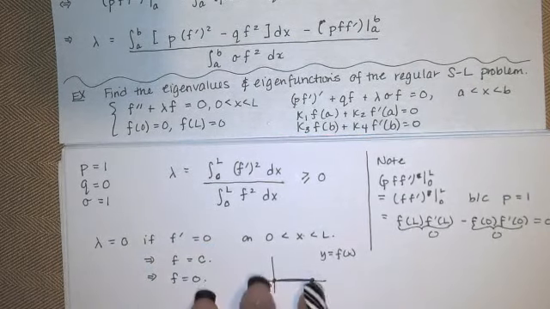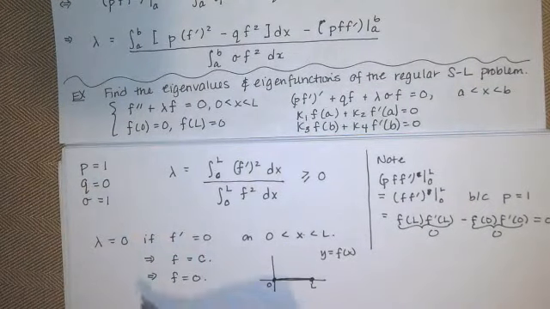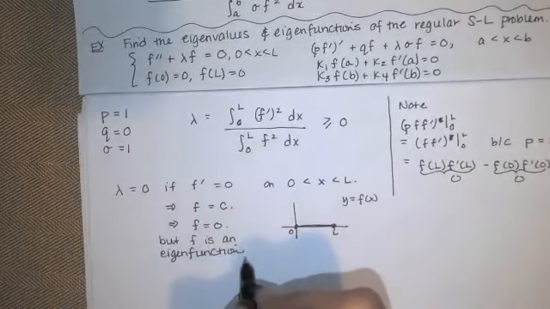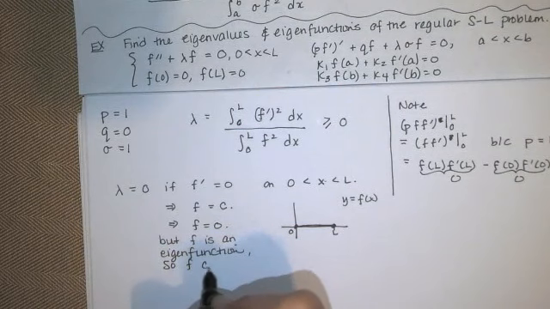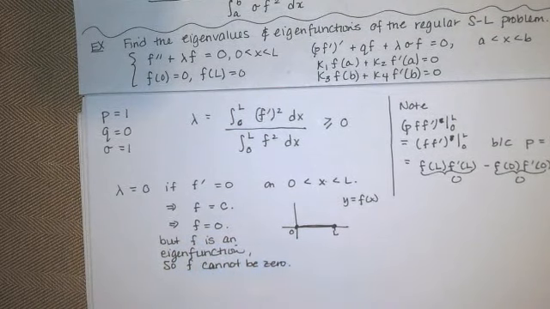But that contradicts the fact that we're talking about eigenfunctions. Eigenfunctions are non-zero solutions to a differential equation. And I'll write that down. F is an eigenfunction. So F cannot be zero. What does that tell you?